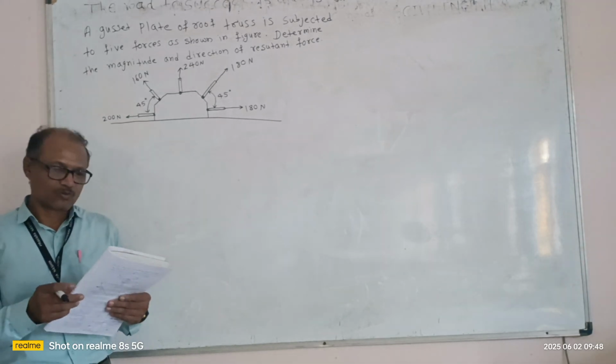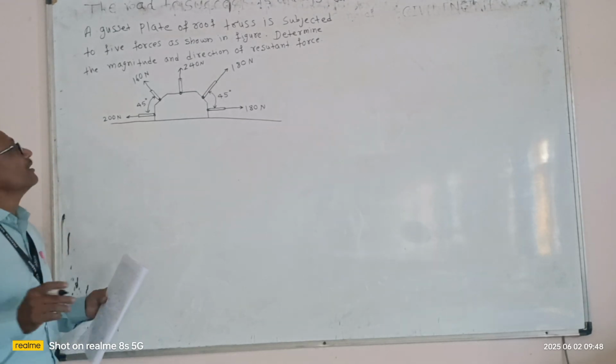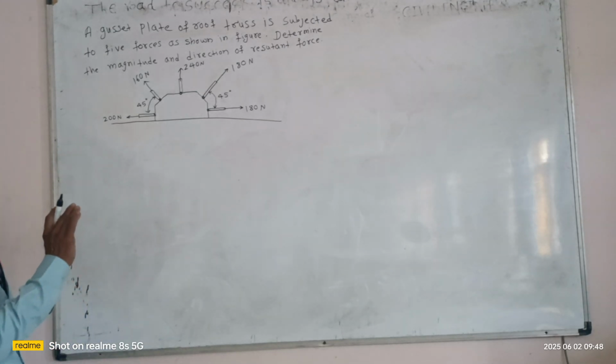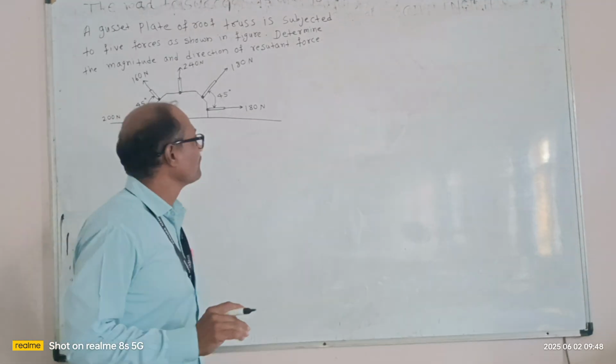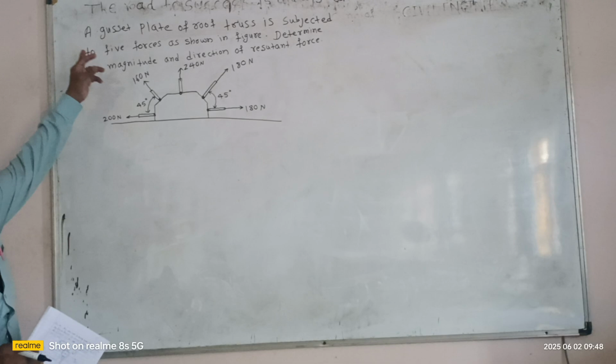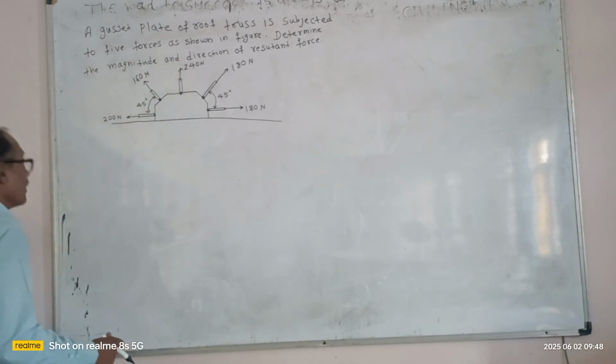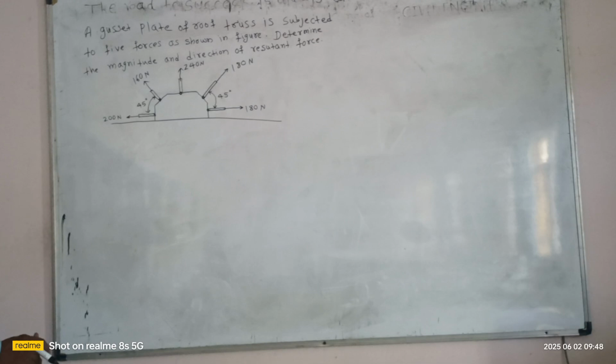Okay. So today we are going to solve one numerical on concurrent force system. The statement of the numerical is like this: a gusset plate of a roof truss is subjected to 5 forces as shown in the figure.